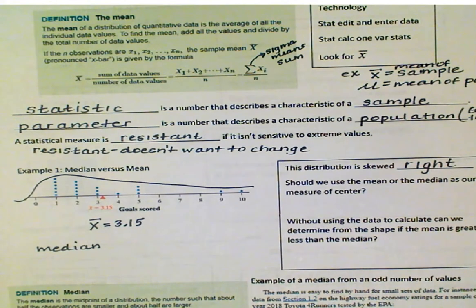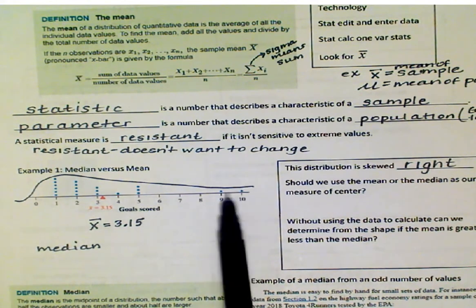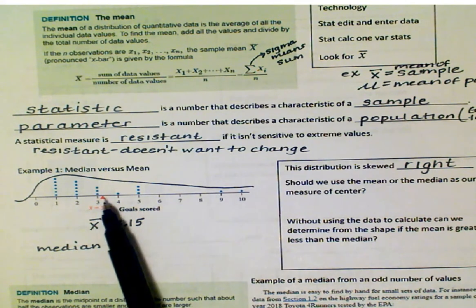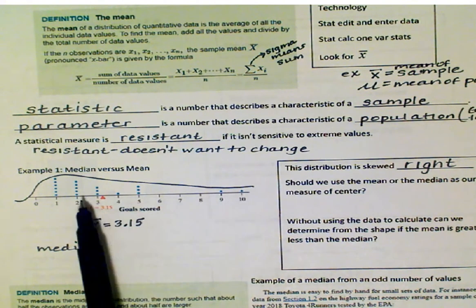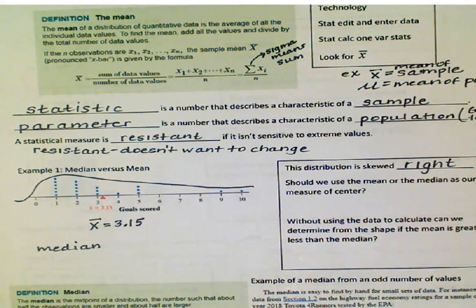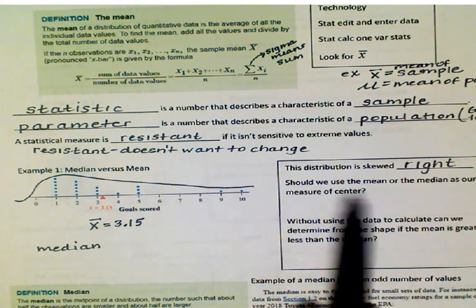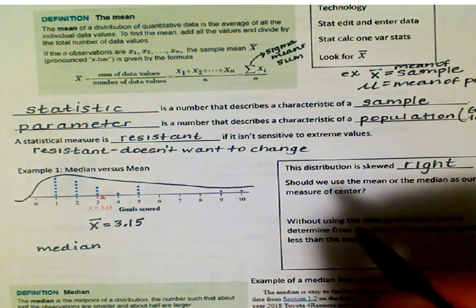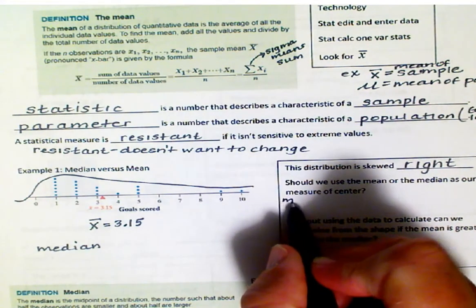Don't forget, for the mean you add them all up. If you're adding in these outliers, obviously it's going to make the mean larger. It's going to move it in that direction, whereas the median is going to stay about where it is. So should we use the mean or the median? Sometimes you have to make that choice.